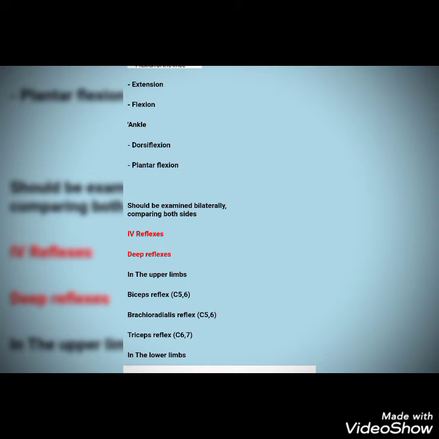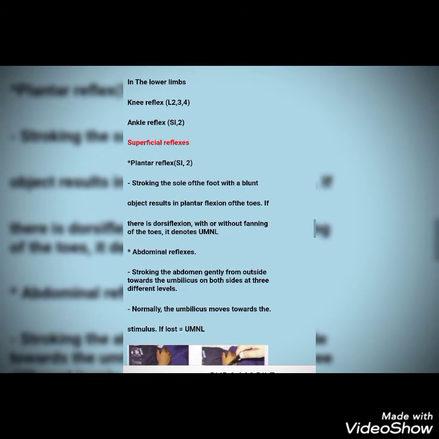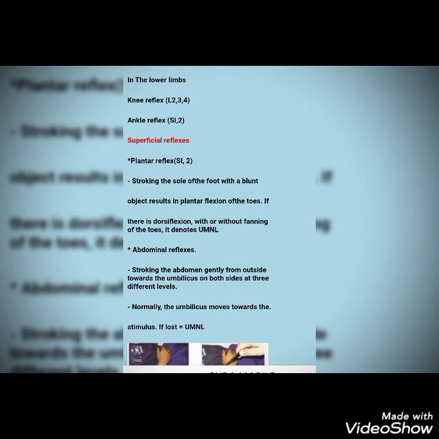Reflexes. Deep reflexes in the upper limb: biceps reflex C5-6, brachioradial reflex C5-6, triceps reflex. In the lower limb: knee reflex L2-3-4, ankle reflex S1-2. Superficial reflexes: plantar reflex S1-2. Stroking the sole of the foot with a blunt object results in plantar flexion of the toes.